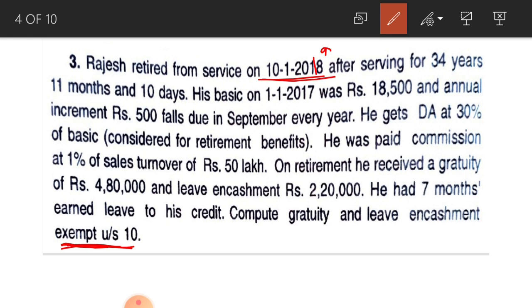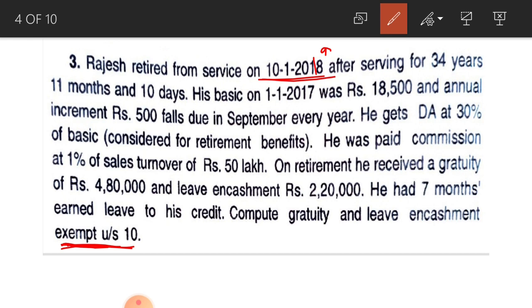That is the difference between calculation of gratuity and leave encashment. Remember that point. So here for the purpose of calculation of leave encashment, you have to consider till 10th January 2019, and for the calculation of gratuity you have to consider till December of 2018. Okay, that is the difference.